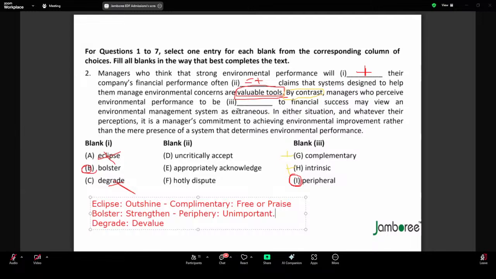Extraneous is something extra that is, again, not required, superfluous.